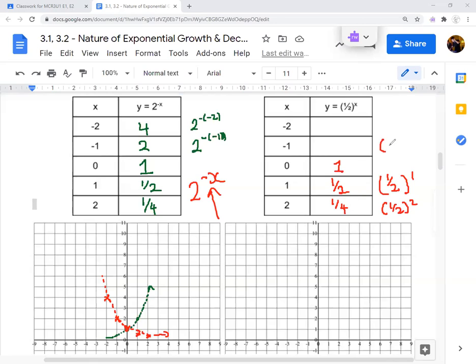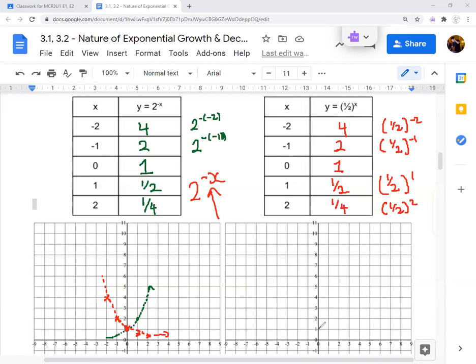In the same way, half to the power of negative 1 is like saying positive 1 if we do the reciprocal. 2. Half to the power of negative 2 is 4. I think you notice that it's one and the same as the one on the left side.